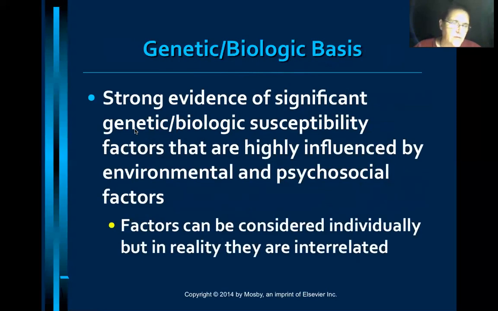So there are strong studies with evidence of significant genetic and biologic susceptibility factors that are highly influenced by the environment, which means it's suggested that there's a big genetic factor with this.